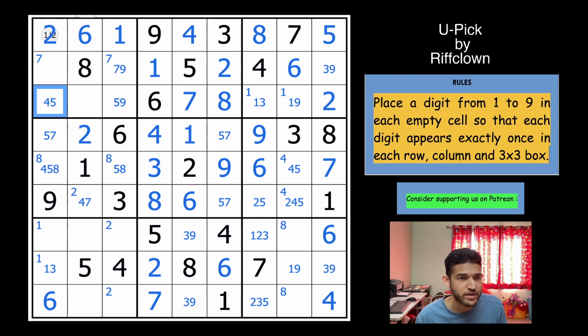I have so many candidates just circling around like hawks here. This cell is seeing both these two, 4 5 4 5. Look at this cell, 4 5 8.